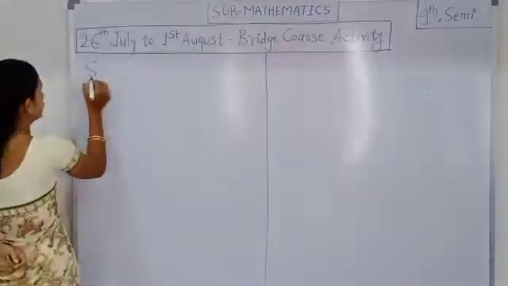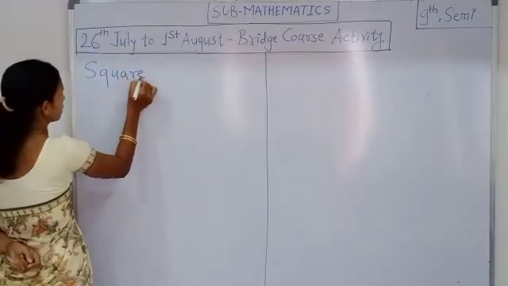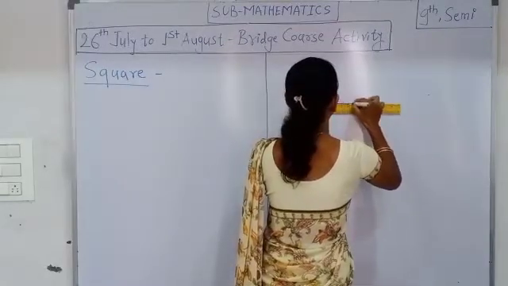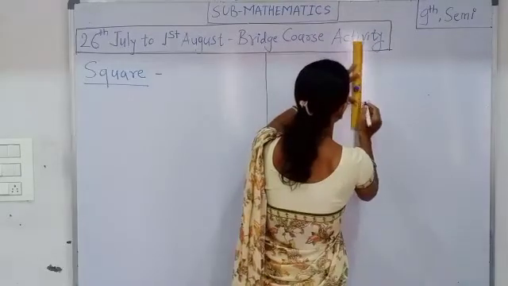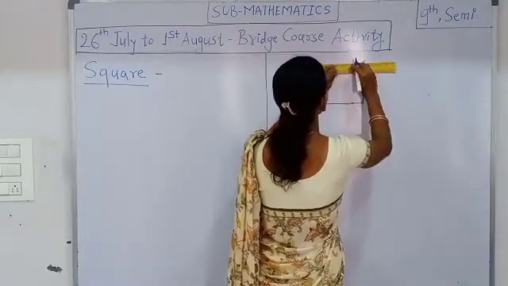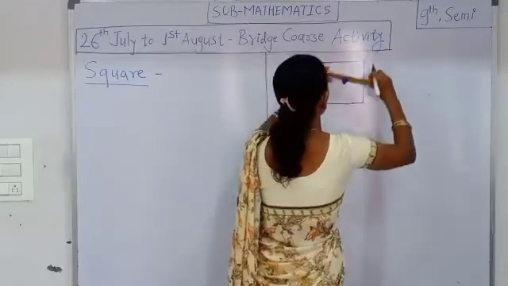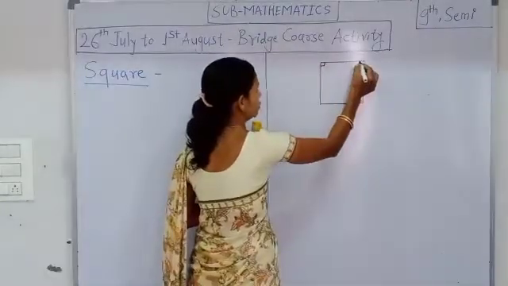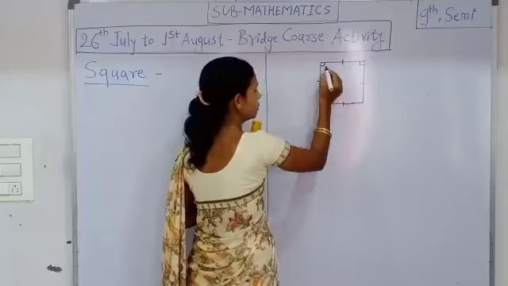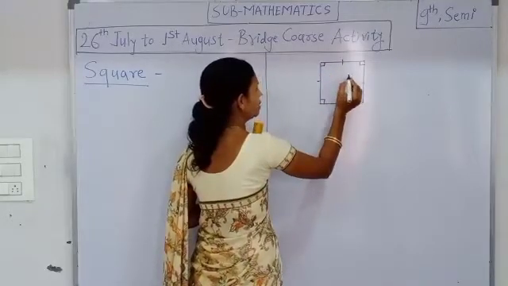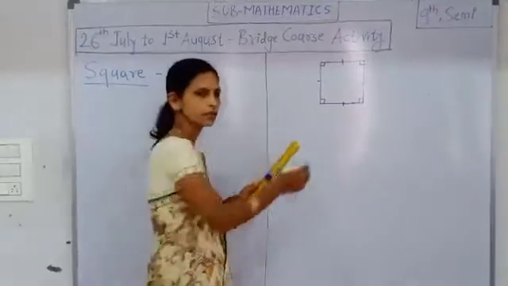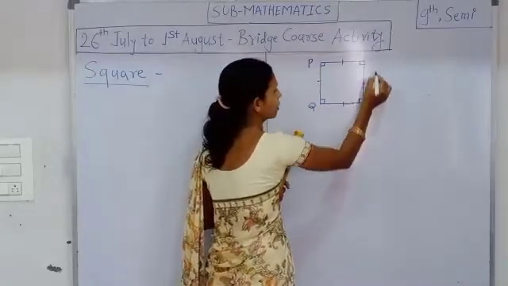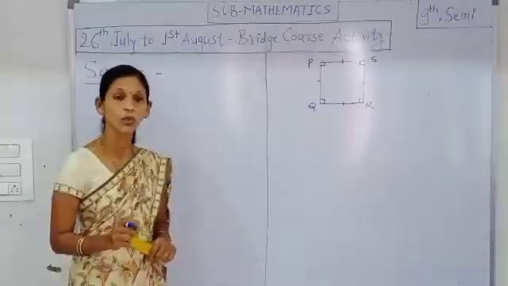Out of that, first, the square. If a quadrilateral has four sides congruent as well as four angles right angles, that means 90 degrees, it is a square. Let us consider PQRS is a square.